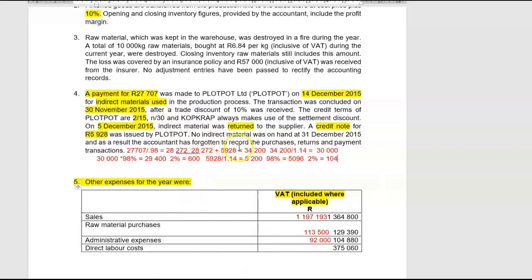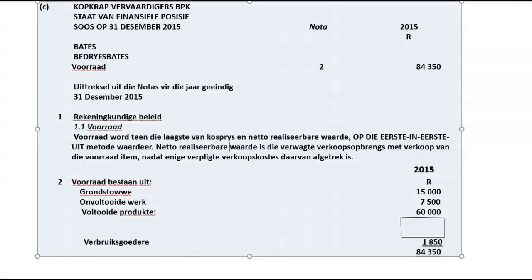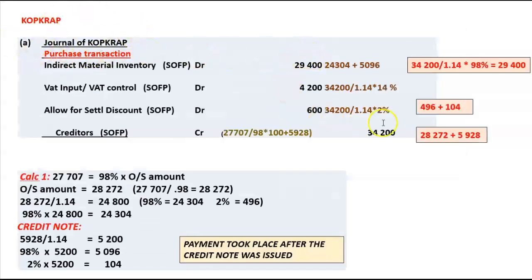So let's go and do the journal entry. Remember the first transaction, the invoice price was 34,200 Rand. So we would credit our creditors with a full invoice value of 34,200. What is the VAT going to be? 34,200 divided by 1.14 multiplied by 14% equals 4,200.